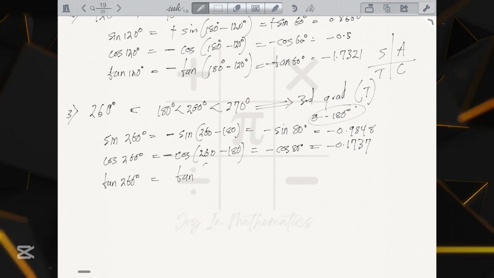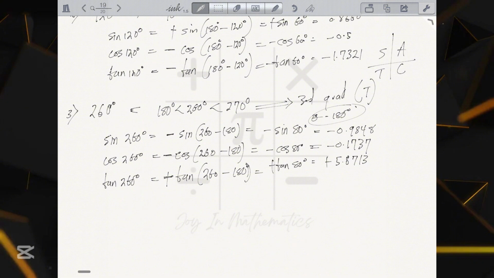Tan 260 is tan of 260 minus 180 degrees. Now in the third quadrant only tan is positive, so this will give us positive tan 80 degrees, which on our calculator is positive 5.6713. This is for the third quadrant.